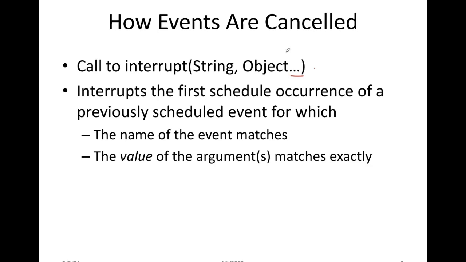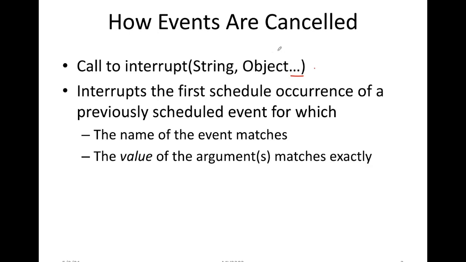Now, what we saw at least in the transfer line, remember that the argument that was passed as the second argument was the customer, and that was canceling the renege event of that customer.